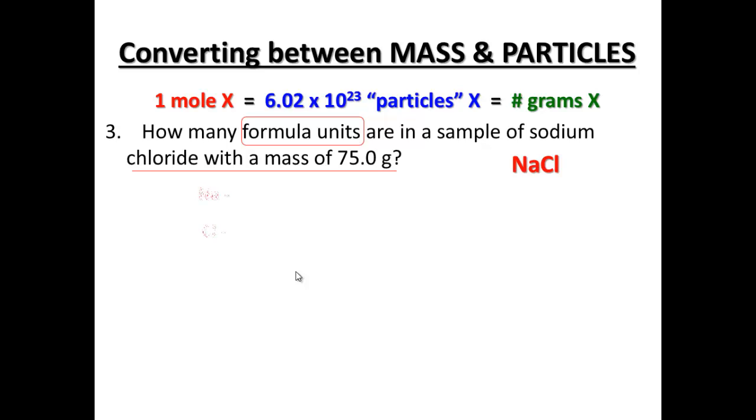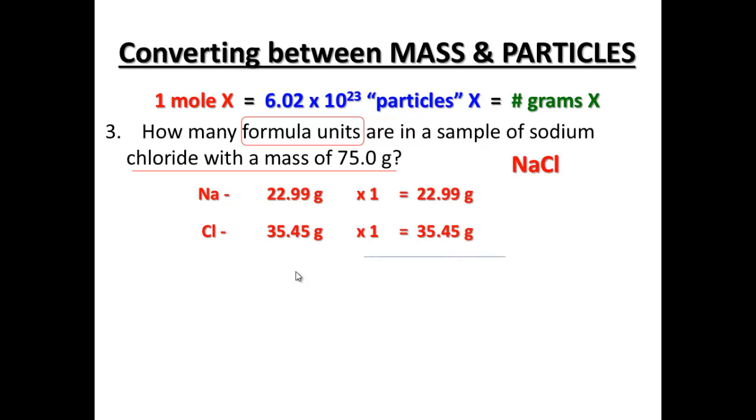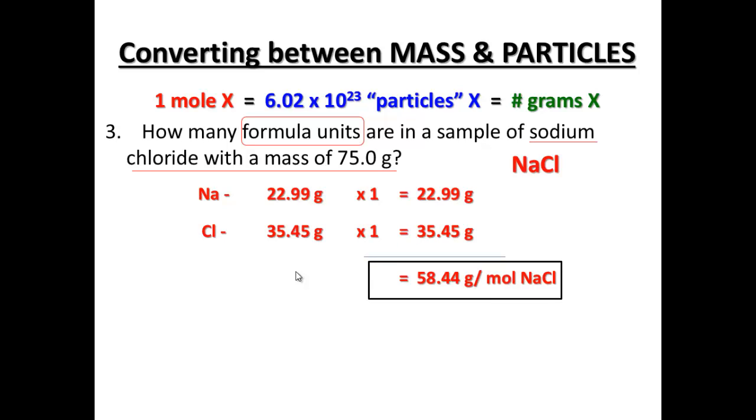So in our last section, we have 1 sodium, 22.99 grams, 1 chlorine, 35.45 grams, 1 of each. So when we add those two totals together, we get a mass of 58.44 grams per mole for sodium chloride. And that number is going to be important here in just a minute.